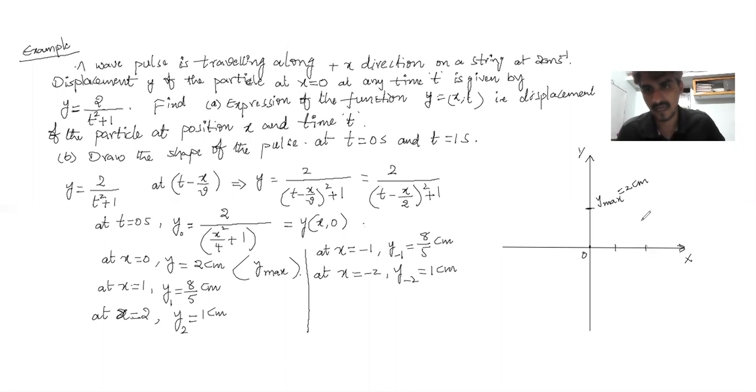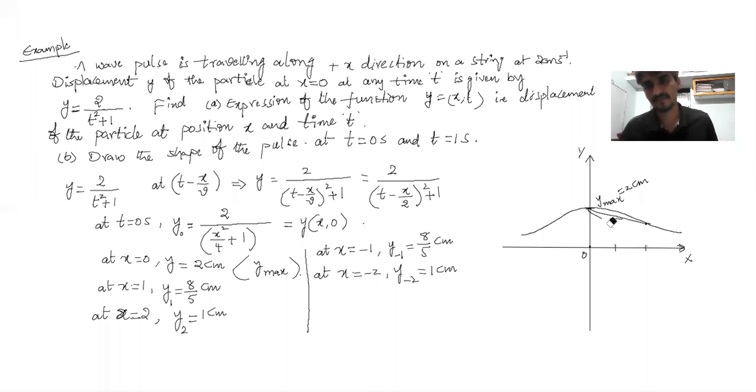So here at x is equal to 2, you will get y value as 1, and finally you will get a curve like this. If we take all of them, you will get a curve like this.